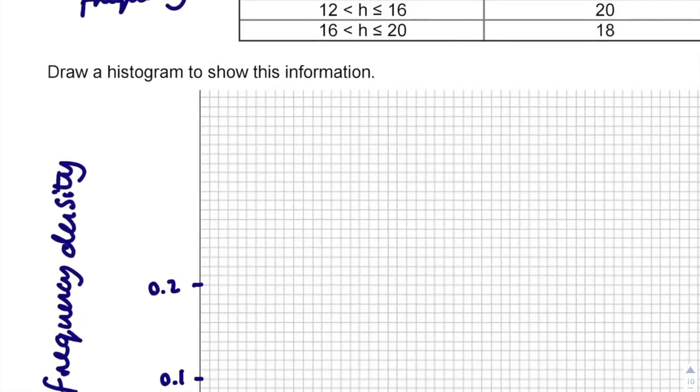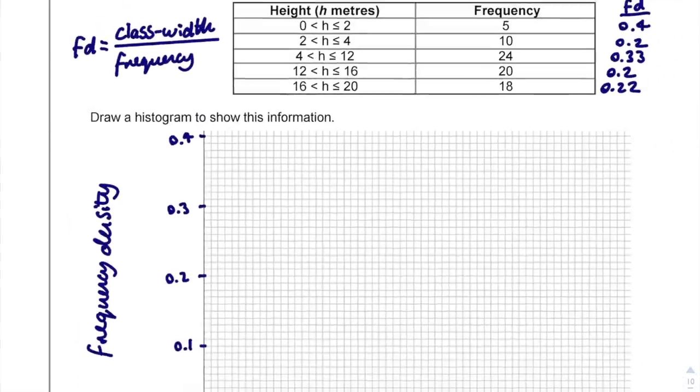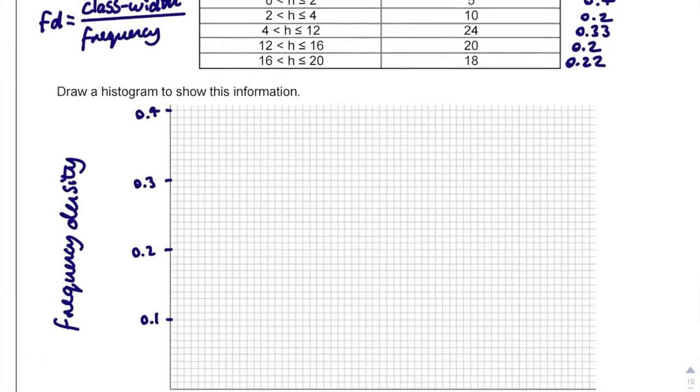So that's 0.1, and then another 10, that's 0.2. Then another 10, it's 0.3, and then another 10, that's 0.4. Okay, so that fits on nicely.